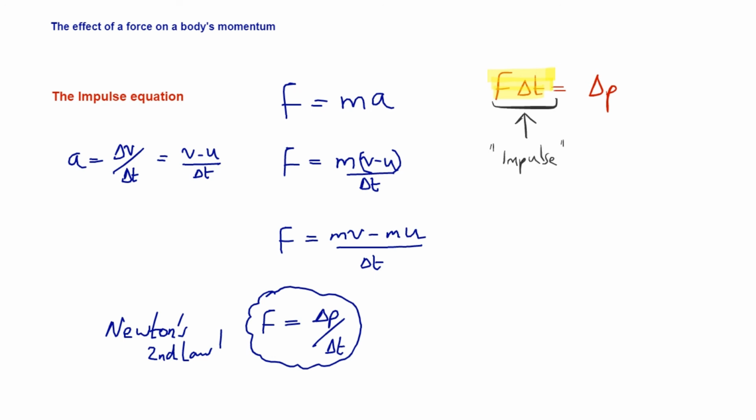It's the force acting during a collision or interaction multiplied by the time taken for the interaction. And we can see that it's equal to the change in momentum, delta p, quite interestingly. So that's the impulse equation. Next we'll see how it works and have a go.